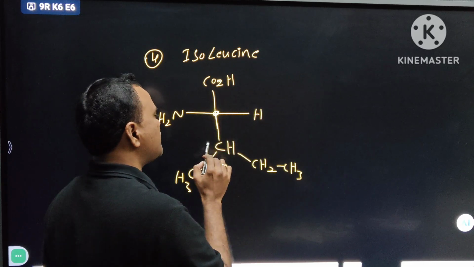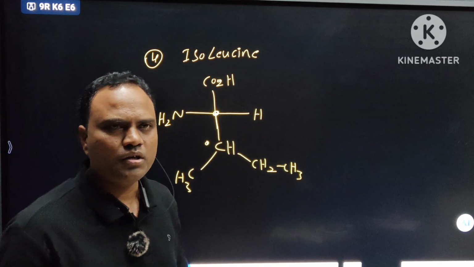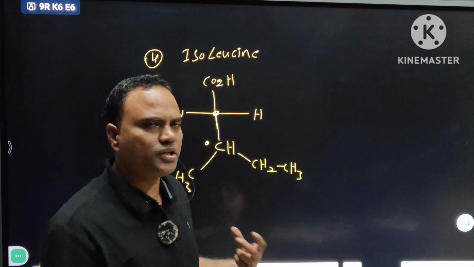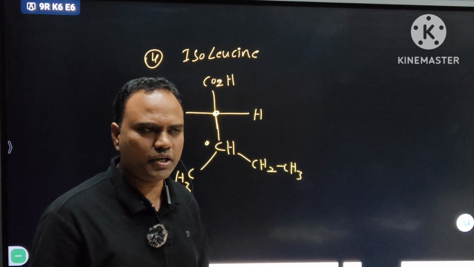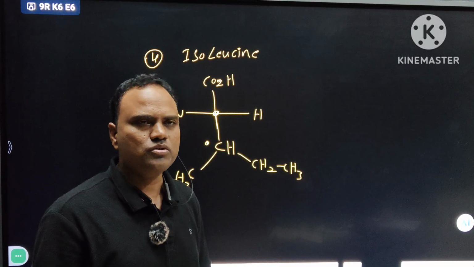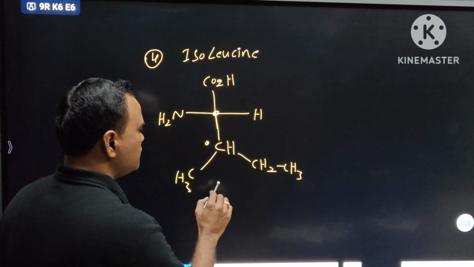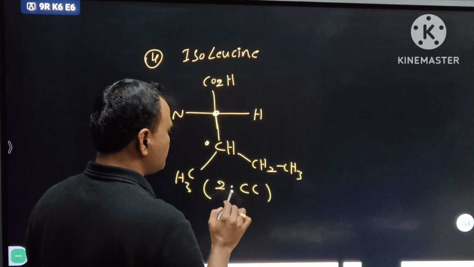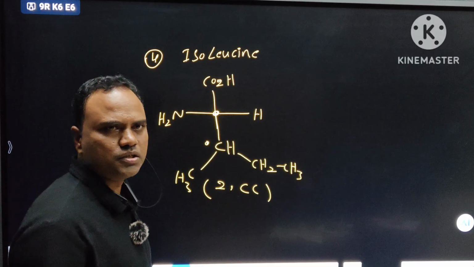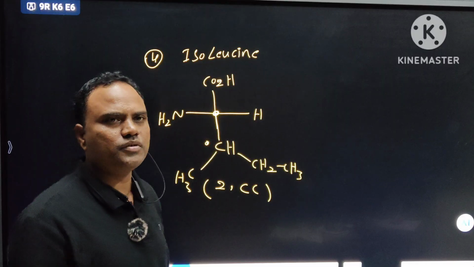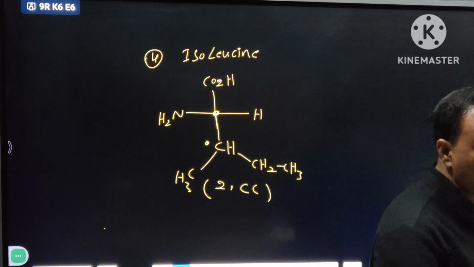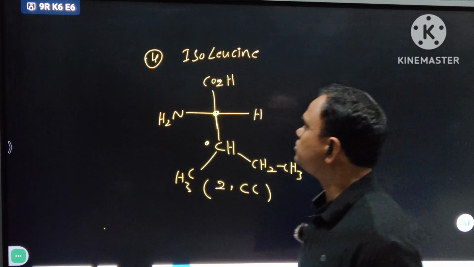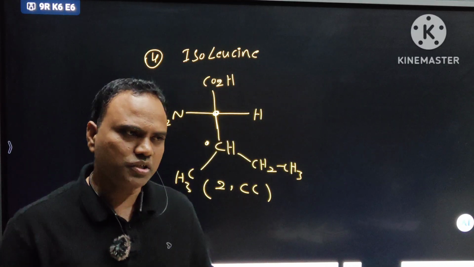What is the importance of this? Here also 2 chiral centers are present. So, to know how many amino acids have 2 chiral centers, before that, threonine and this one, isoleucine. 2 chiral centers are present. Mention that point. This is one chiral and this is one chiral. You will get this question also. How many optical isomers are possible for isoleucine or threonine?